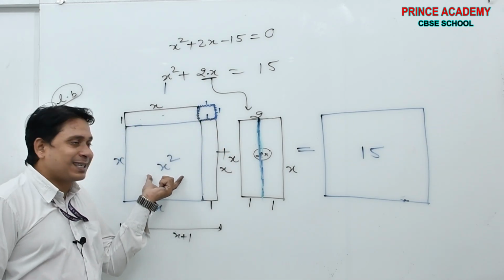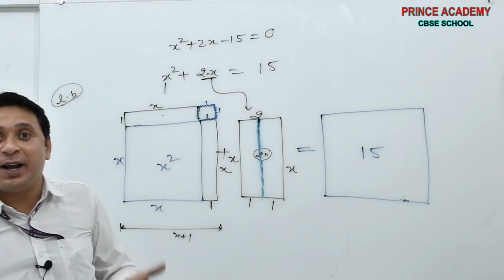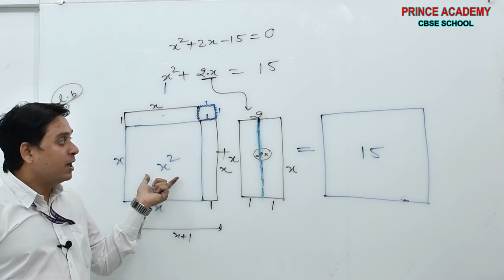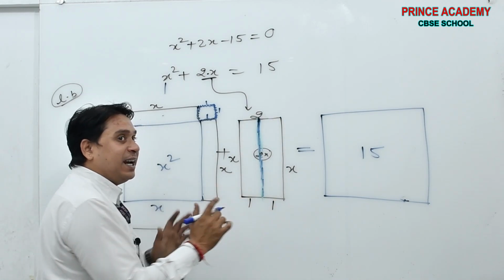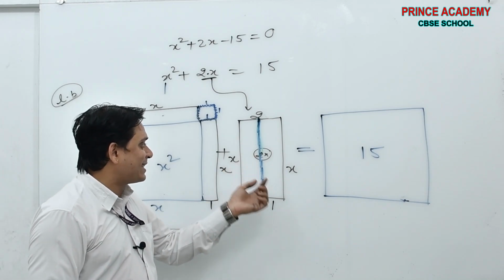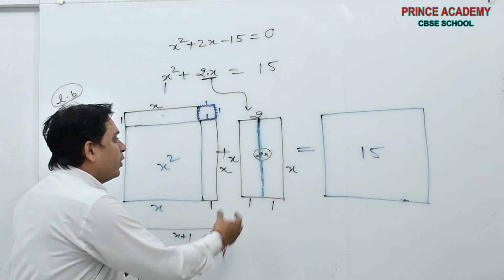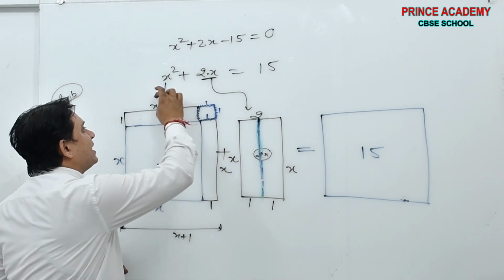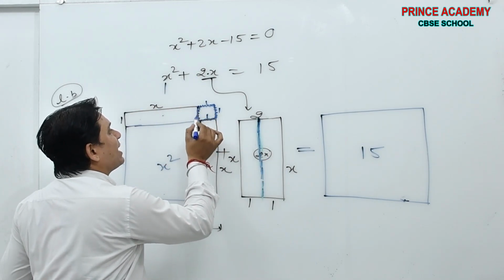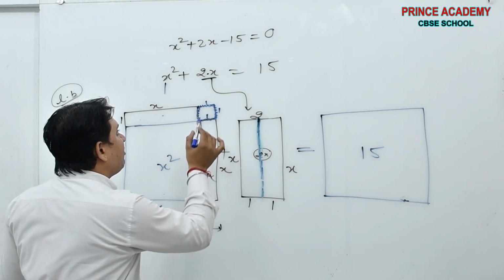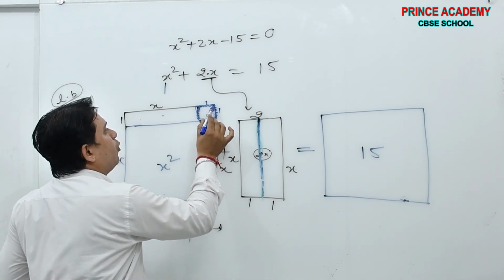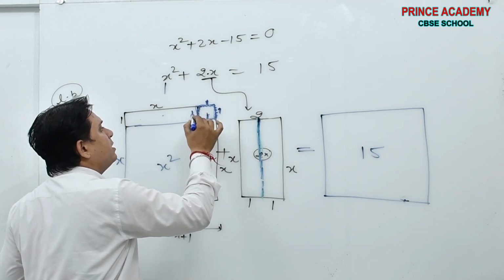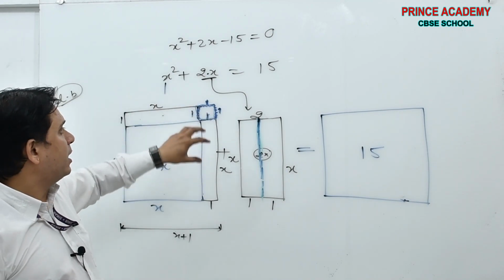See beta, the side of the square was x. Therefore, the area became x square. When we cut this rectangle into two parts, 1x, 1x, and attach these two rectangles at this side and this side, if this portion was remaining, if we add this portion, a square of side 1 and area 1 square unit, what will we get?